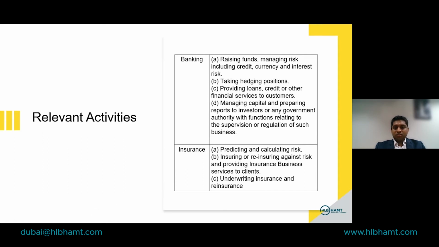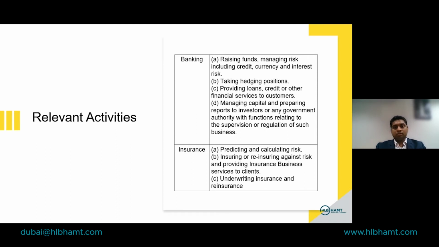Okay, so now the relevant activities. When it comes to relevant activity, there are 9 relevant activities, and out of that, almost 4 relevant activities have been amended, and it has increased the scope of ESR as compared to the previous regulations. To start with, there are straightforward activities such as banking and insurance, which we can identify from the license itself.